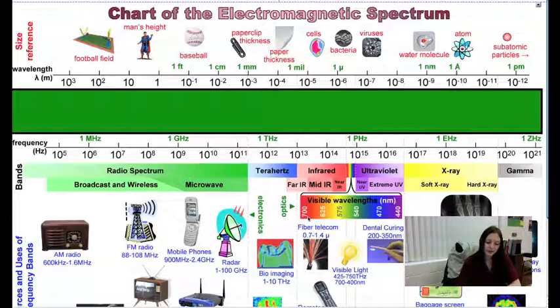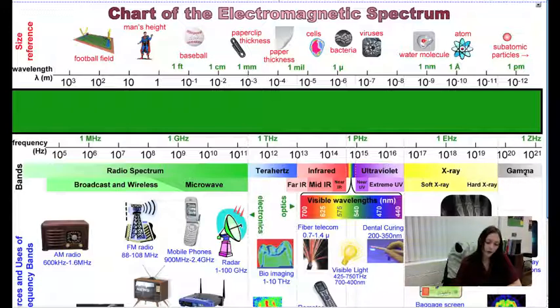Now sequence the types of radiation from lowest frequency to highest frequency. So lowest frequency down here, I have radio, and I have microwaves, and we're going to skip and do the infrared. Then I have my visible light, and I have my ultraviolet light, then X-rays, and then gamma rays.